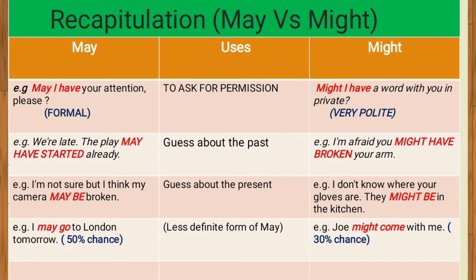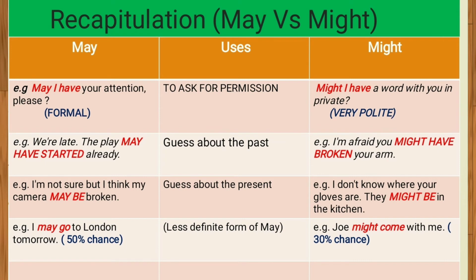The next use is to guess about the present. To guess about the present, we use may as well as might. With may: I'm not sure, but I think my camera may be broken.